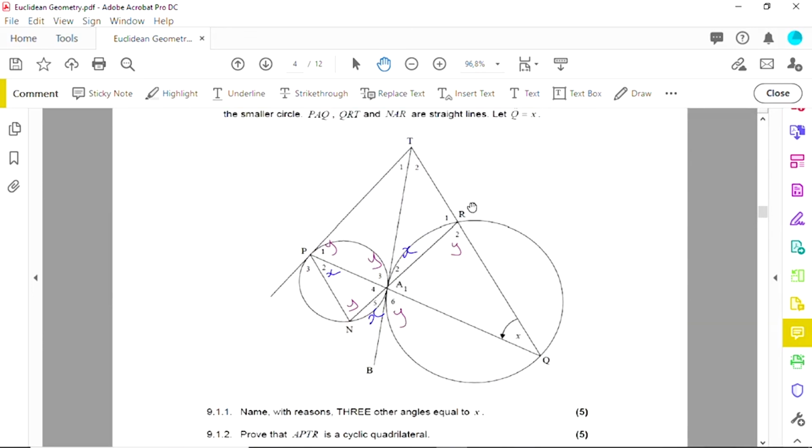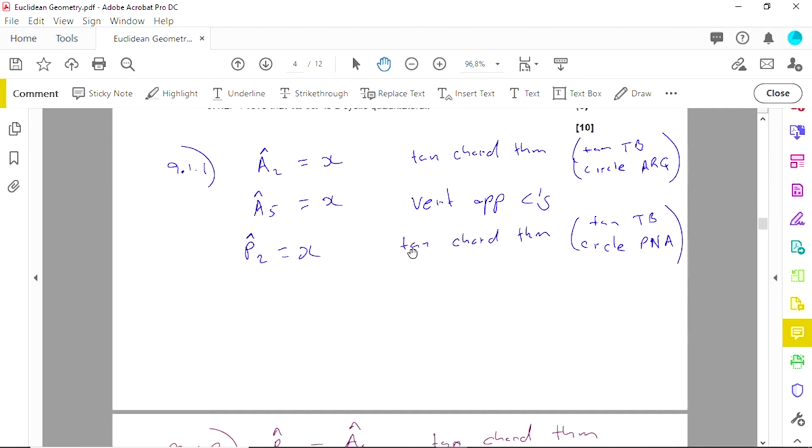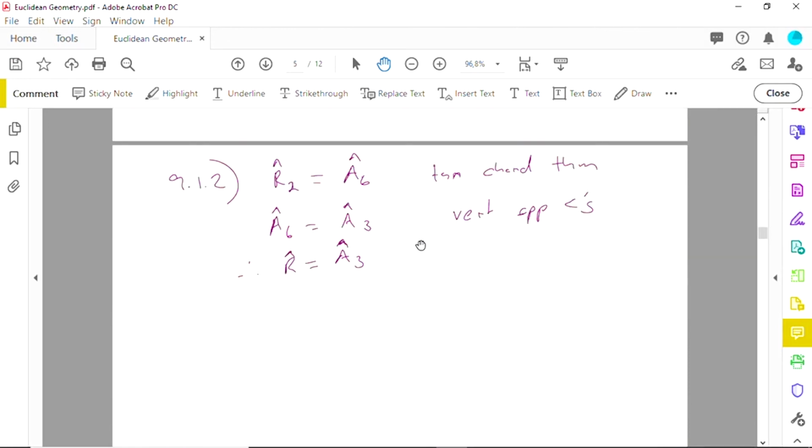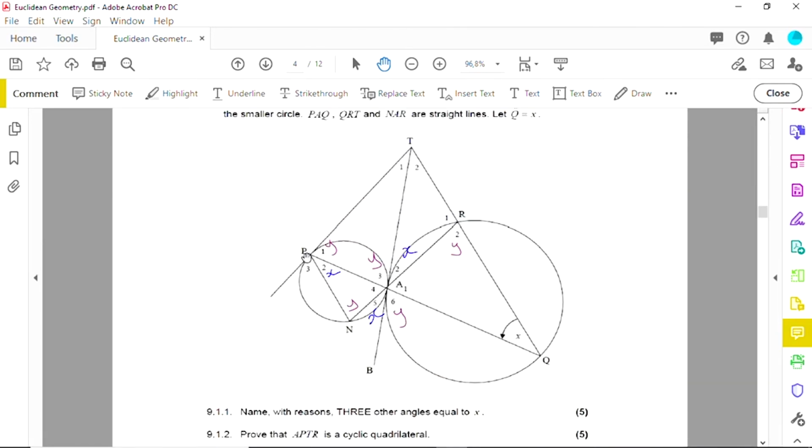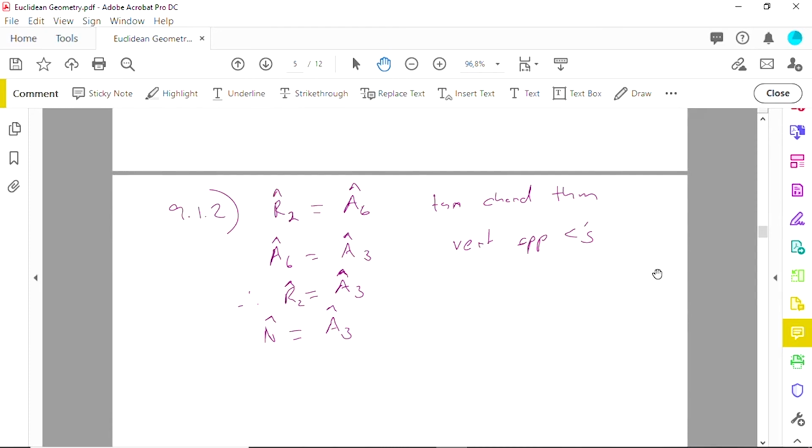And they said N is equal to A3. And this was tan chord theorem on the smaller circle. Which implies that N is equal to R2.